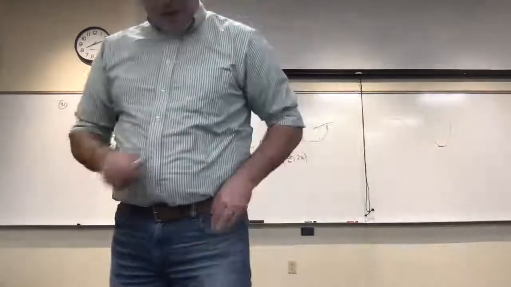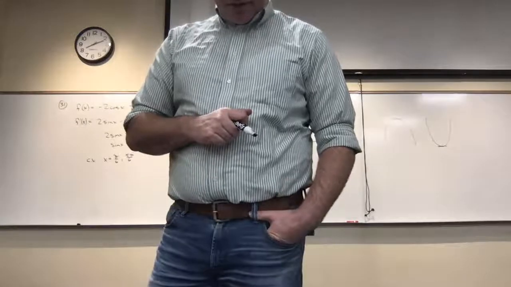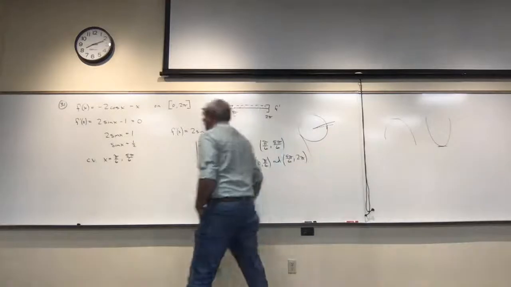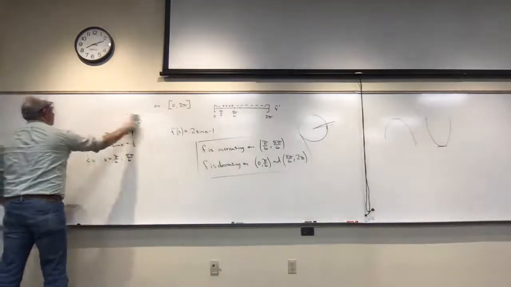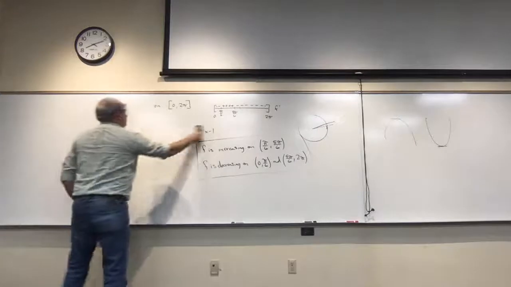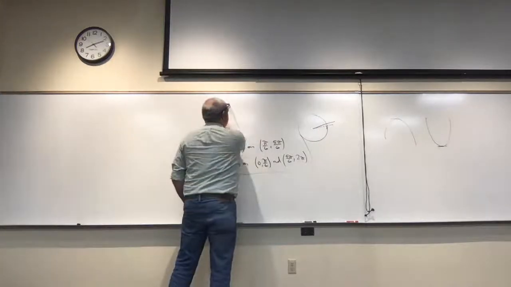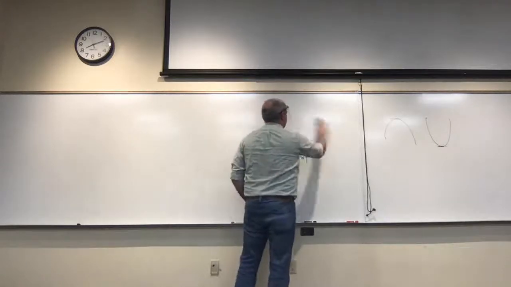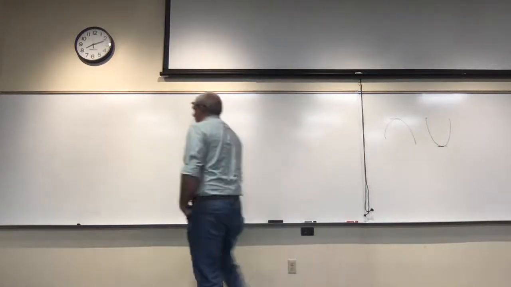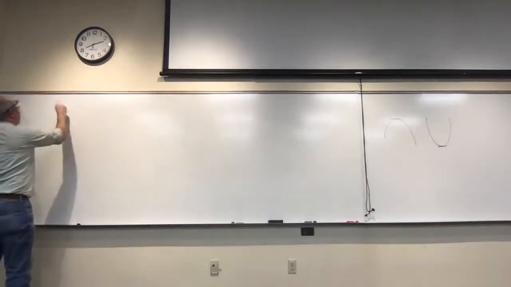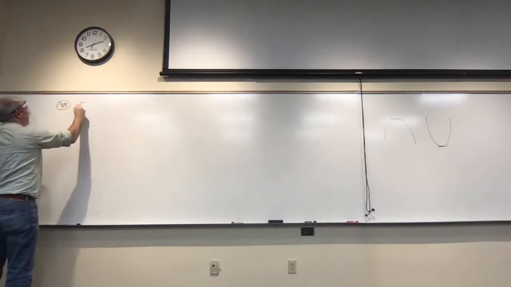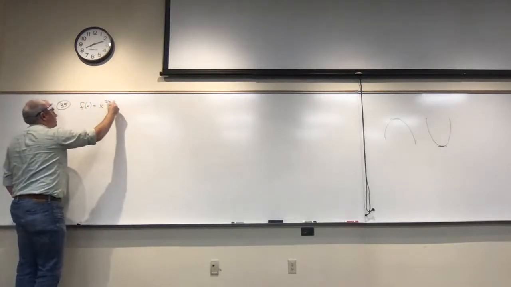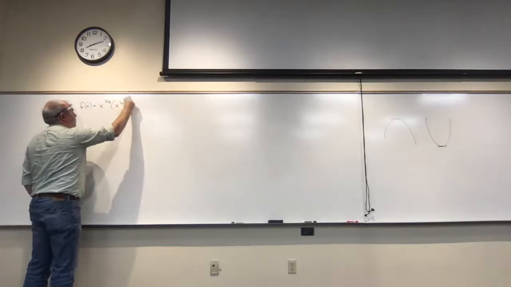So we have f of x equals x to the 2/3 times x squared minus 4. Okay. So 35, we have f of x equals x to the 2/3 times x squared minus 4.